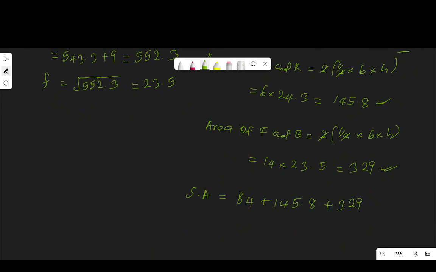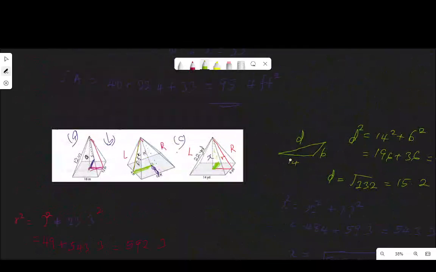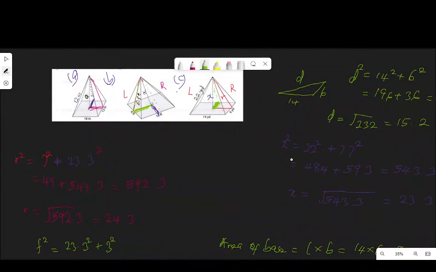Let's plug all of that into the calculator. The surface area of this pyramid is 558.8 yard square. And that brings us to the end of this lesson on surface area of pyramid.